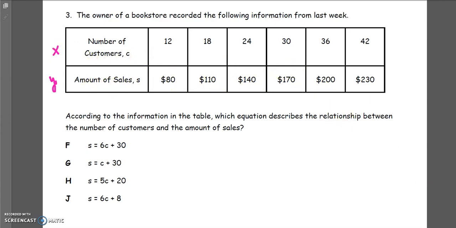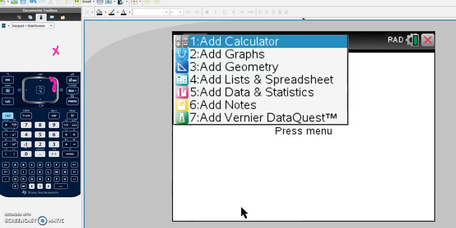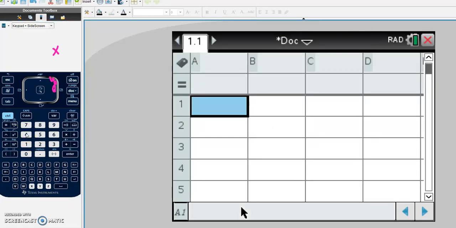What I'm going to do is go straight to our calculator and put it in there. Let me pull a calculator up. Remember, we're going to put this in a data table. So we start with number 1, a new document, and we want a list or a spreadsheet, so that'd be number 4. I could put the S or the C up there, but we're very used to X's and Y's, so I'm going to stay with the X's and Y's.